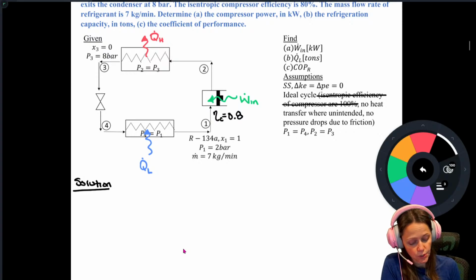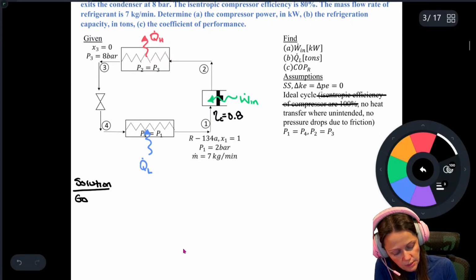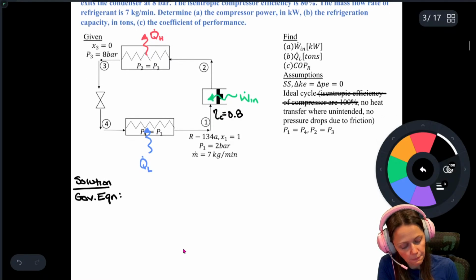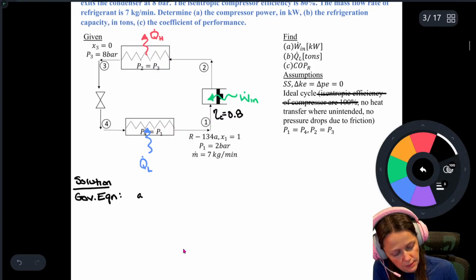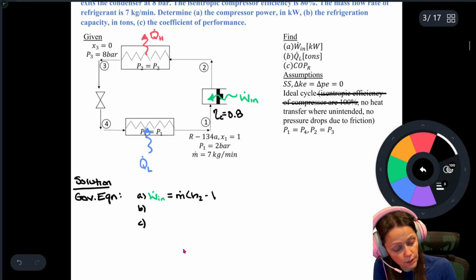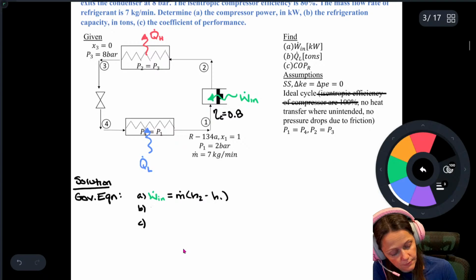All right, so governing equations. I'll put this as A, B, C. And it is the exact same thing as the previous problem. W dot n is going to be m dot times h2 minus h1.